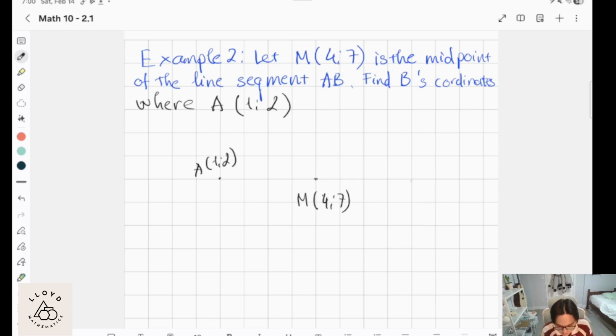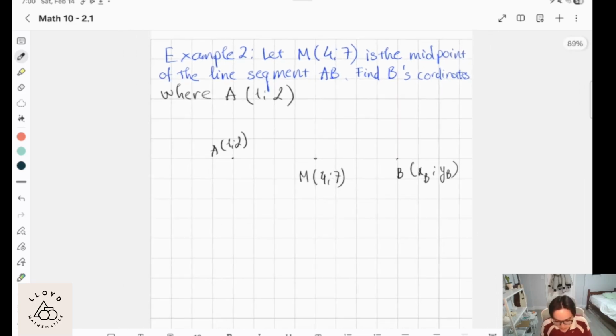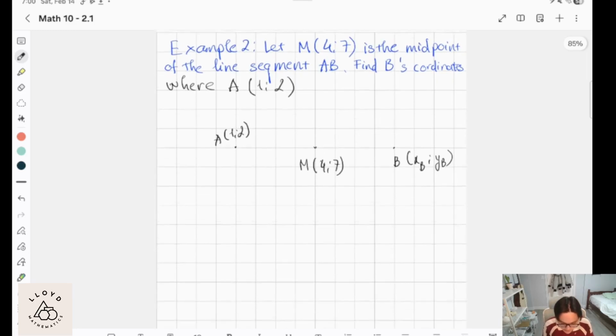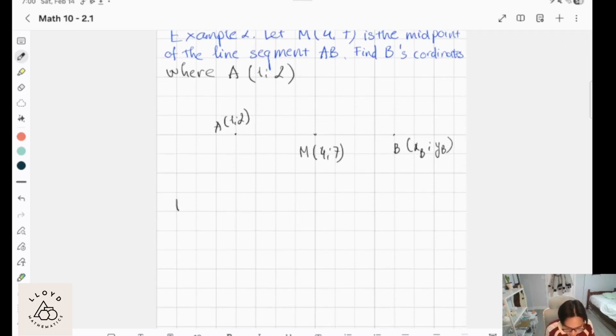Here's the B, which is, I don't know, XB and YB, right? So how can we find that? As we know that M is the midpoint, we have the formula: 4 is equal to 1 plus XB divided by 2. And 7 is 2 plus YB divided by 2.